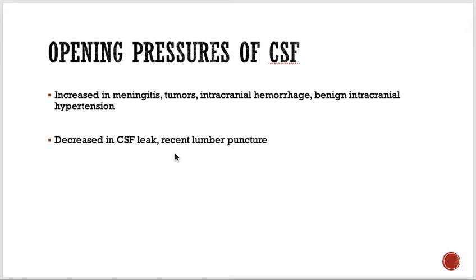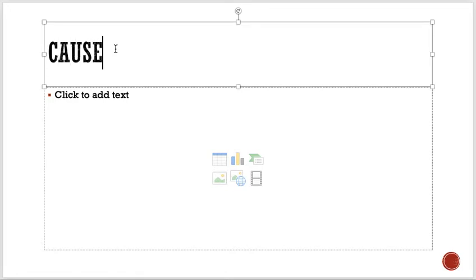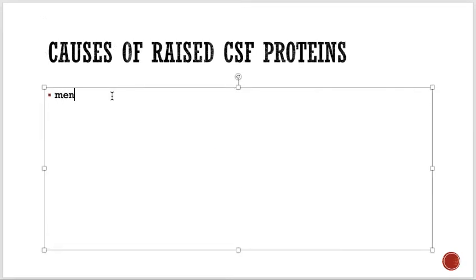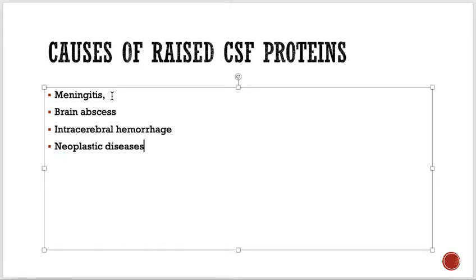So the causes of raised CSF proteins could be meningitis, brain abscess, intracerebral hemorrhage, neoplastic diseases, Guillain-Barré syndrome, and multiple sclerosis. So all these things can be raised.